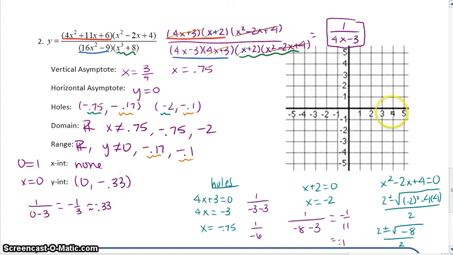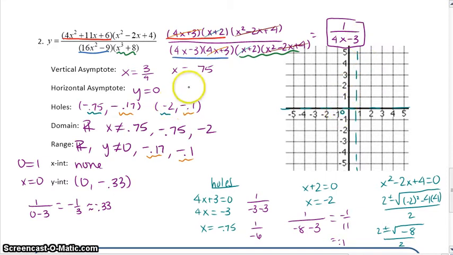So from here we can plot all these points and asymptotes on our graph. We have a vertical asymptote at x equals 0.75, so that's here. We have a horizontal asymptote of y equals 0. We have holes at negative 0.75, comma, negative 0.17, so that would be roughly here.